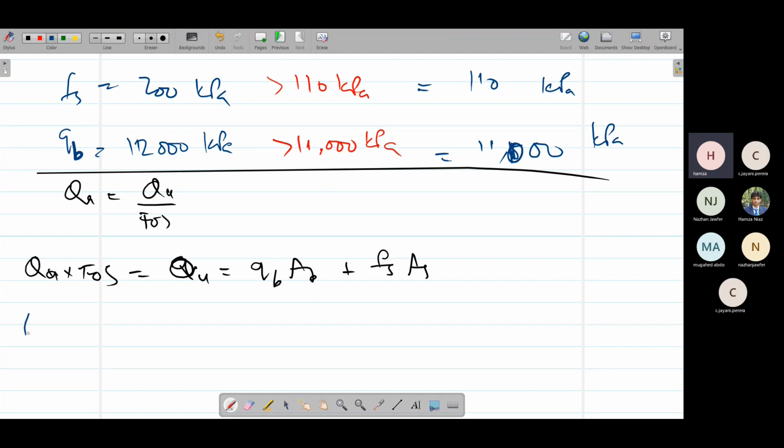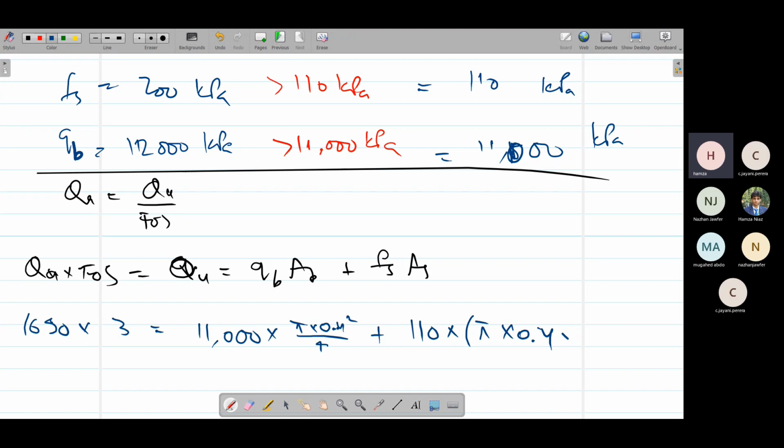So Q allowable is 1650 times factor of safety, which is 3, I think, equal to QB, which is 11,000, times pi d squared by 4, that is pi into 0.4 squared over 4, plus 110 into pi d L, pi into 0.4 into length. Again, the only unknown is the length. Calculate the length from this formula.